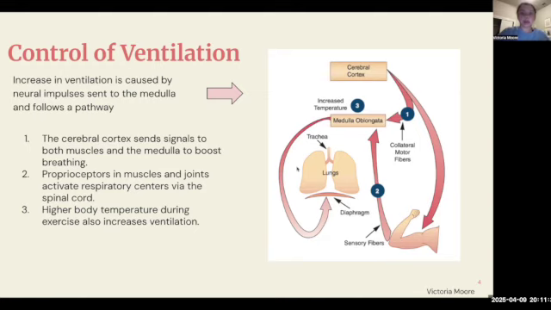Next, the proprioceptors in muscles, joints, and tendons will send messages to the medulla via the spinal cord. The third one is higher body temperature during exercise, which also increases ventilation and will stimulate breathing. And this photograph to the right demonstrates the three different parts of the pathway.